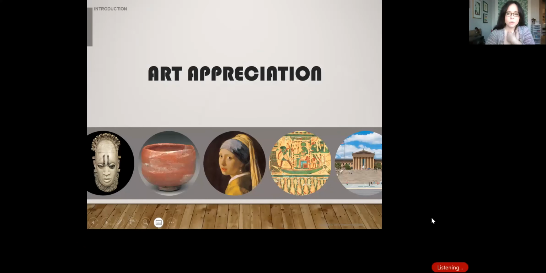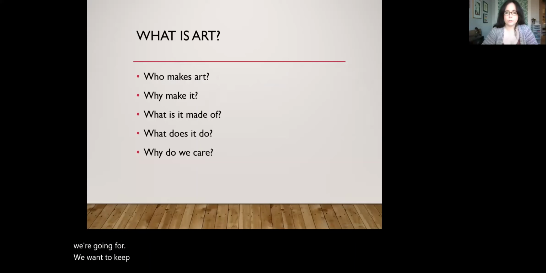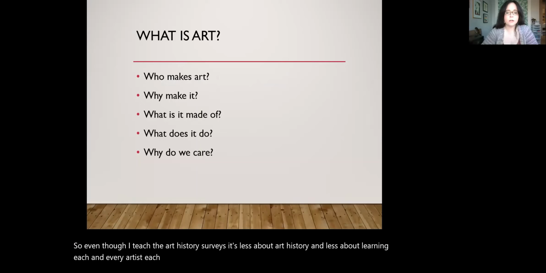Just some basic reminders about what we expect in terms of our appreciation, our 1010, what we're going for. We want to keep this class experiential. So even though I teach the art history surveys, it's less about art history and less about learning each and every artist, each and every image, and more about considering why these questions are important, right?